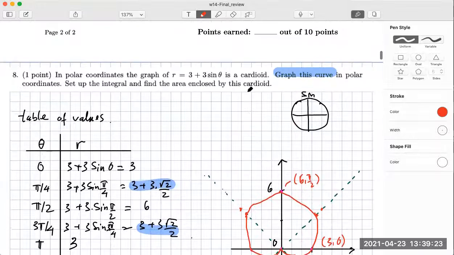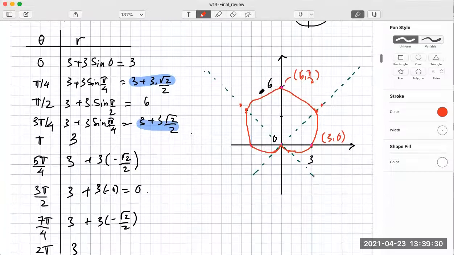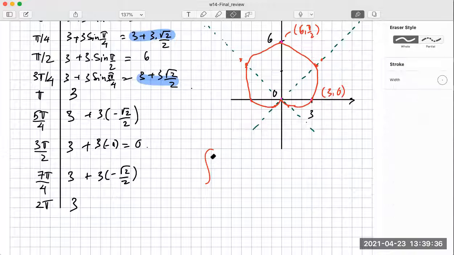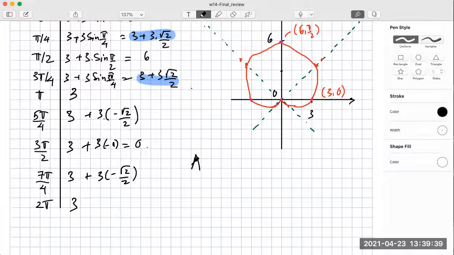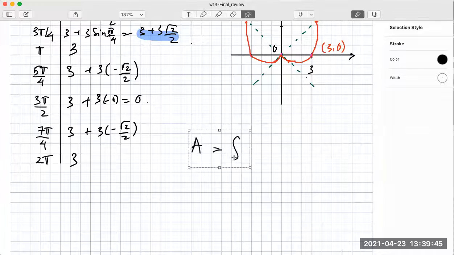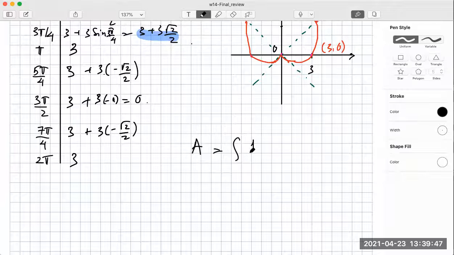So now, set up the integral to find the area enclosed by this curve. Very important that we can always use the formula. And what is it? Very good. 1/2 r squared d theta, right? The area.